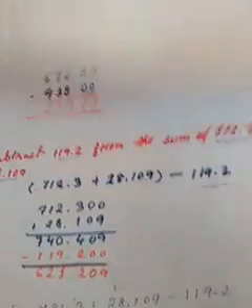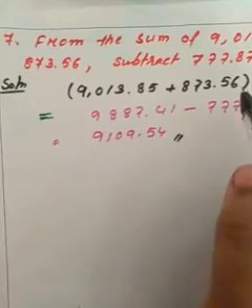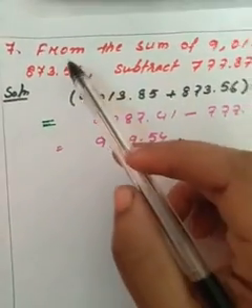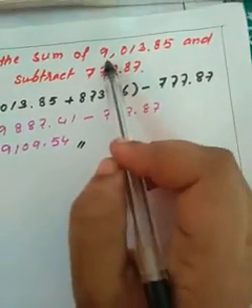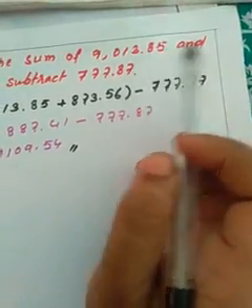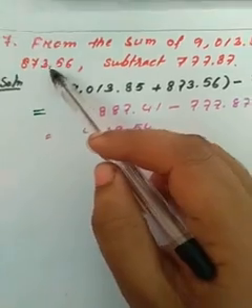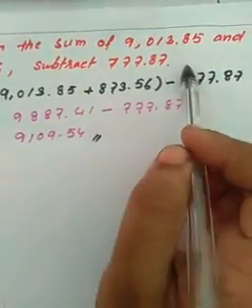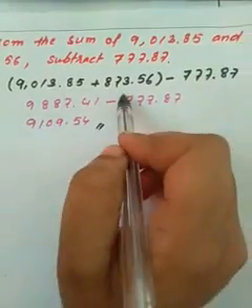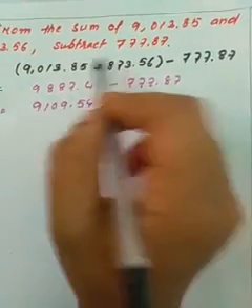I will show you number 7. So our number 7 question is, from the sum of 9013.85 and 873.56 subtract 777.87.